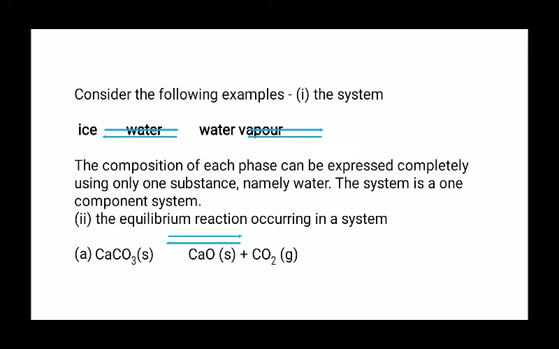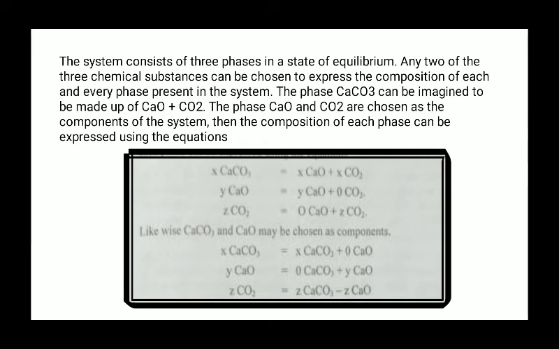The equilibrium reaction occurring in calcium carbonate, calcium oxide, carbon dioxide. The system consists of three phases: solid calcium carbonate, solid calcium oxide, and gaseous carbon dioxide, in a state of equilibrium.